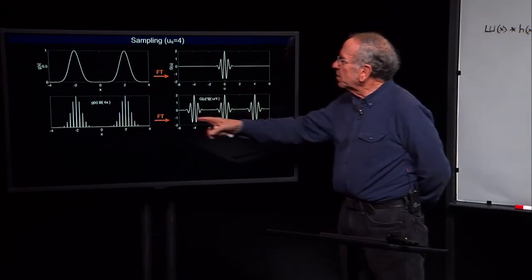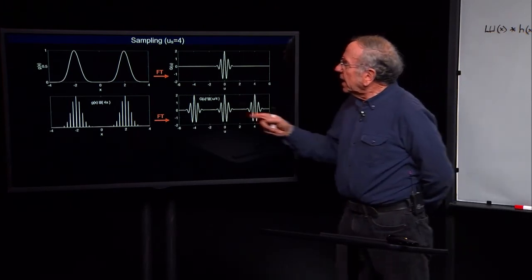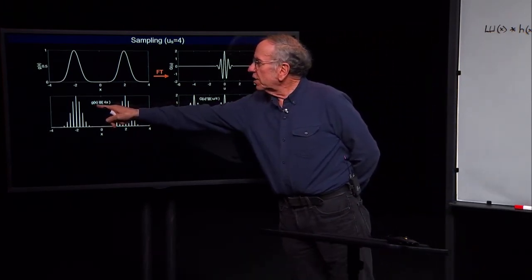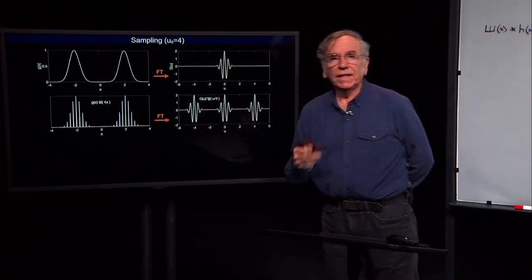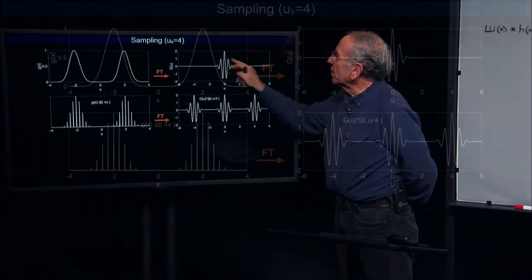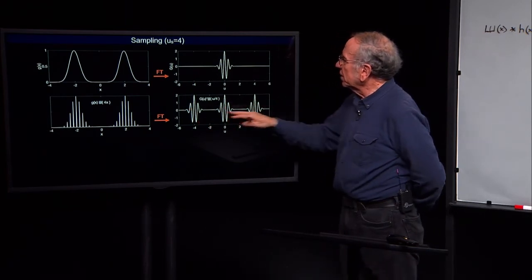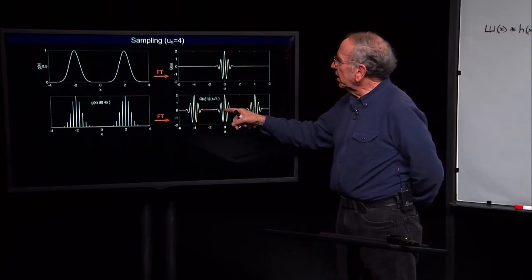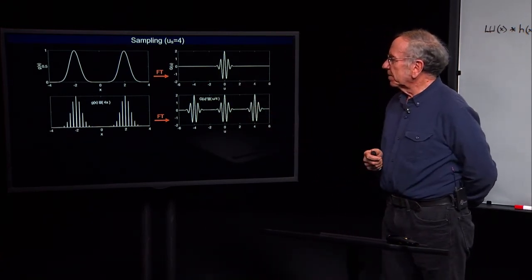Now, the trick is that we know what the Fourier transform of something like that looks like. This is the product of g and the Shah function, and in the Fourier domain, that product turns into a convolution. So what we have here is the convolution of my original Fourier transform with a set of delta functions, which gives me a lattice full of copies of the original g of u function.